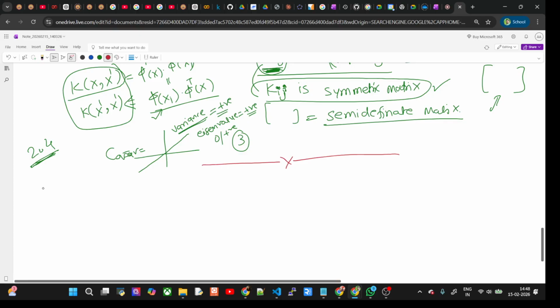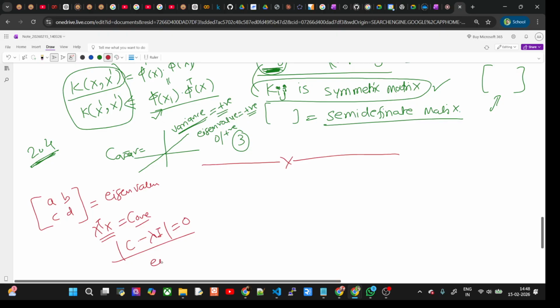Ma'am, semi-definite matrix means any matrix, for example, a b c d. What you do is calculate the eigenvalues. You know how to calculate eigenvalues, correct? Like you calculate the covariance matrix, X transpose X. This is the covariance matrix, and from it you take the determinant of C minus lambda I, and then you get the eigenvalues.